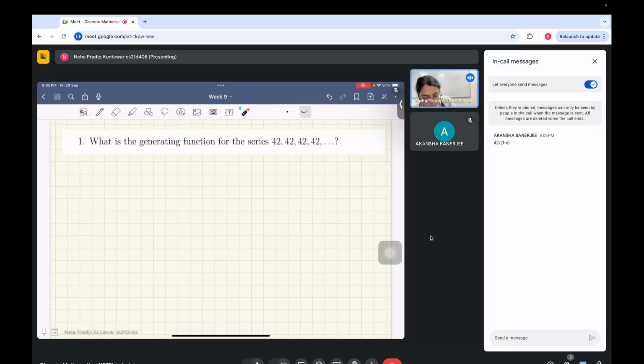Right. So good. So the answer is 42 over 1 minus x, and that is simply because you know that 1 over 1 minus x is 1 plus x squared plus x cube and so on.